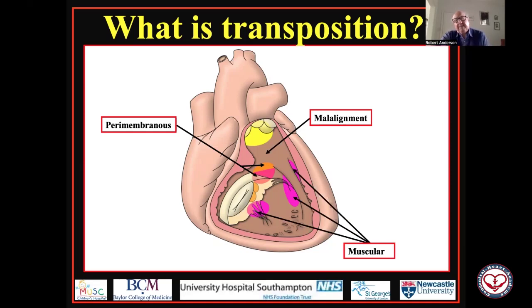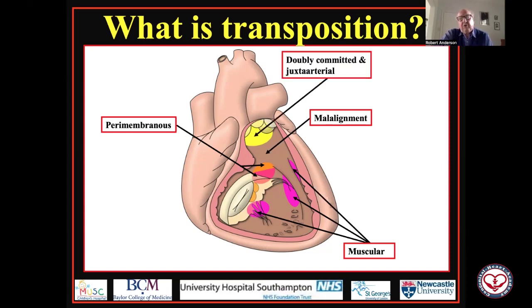We can also have muscular defects. They can be anywhere within the ventricular septum, as they can in hearts with concordant ventricular arterial connections. And we use exactly the same system, except we have to remember that in the setting of discordant ventricular arterial connections, it is the pulmonary valve that is coming out of the left ventricle.